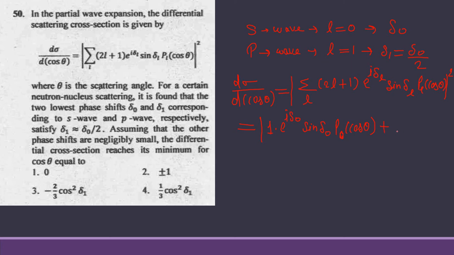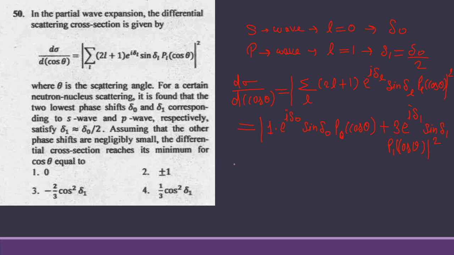Plus, for L is equal to 1, you will get 3, 2 into 1 plus 1, 3 e to the power i delta 1 sin delta 1 and P1 cos theta, mod square.